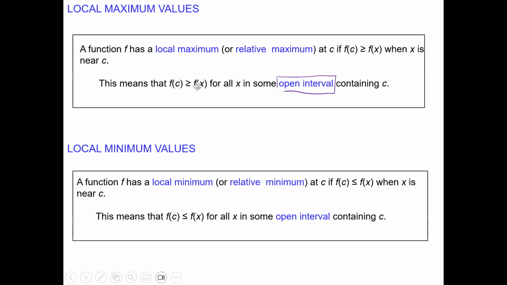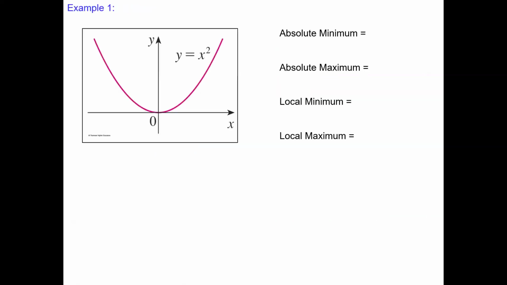The other x's have to be lower. Respectively, for the local minimum, function f will have a local minimum or relative minimum at c if f of c is smaller than f of x for all of the other x's near c on both sides. c must be placed in the open interval, like we had on the graph. That's the definition of the absolute extreme values, and this one is local extreme values.